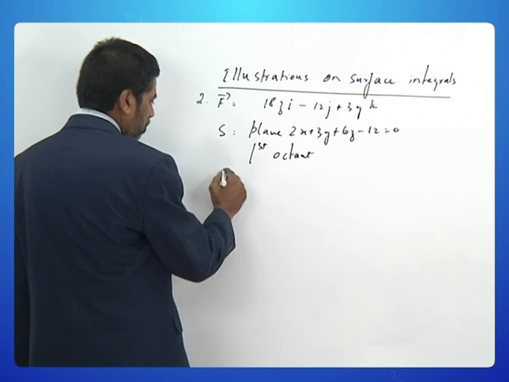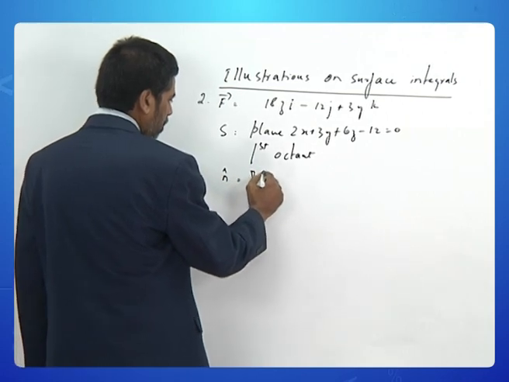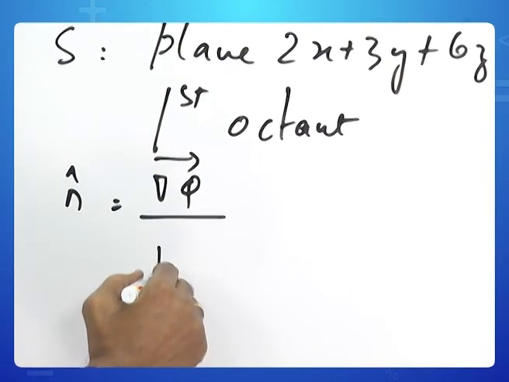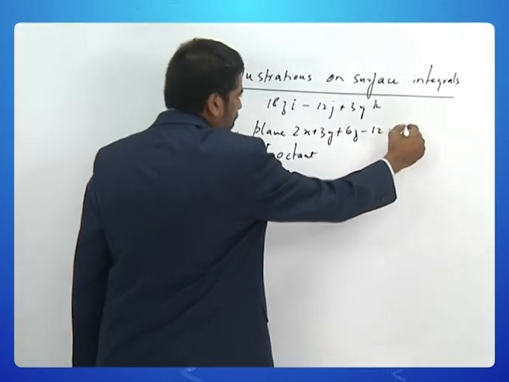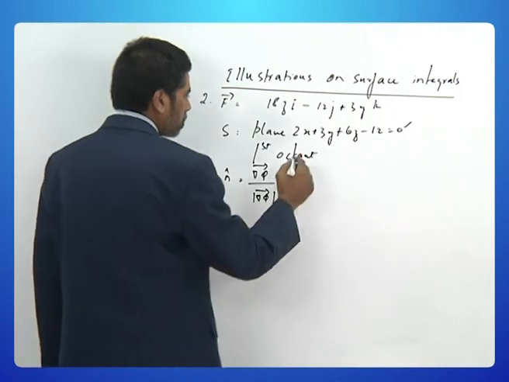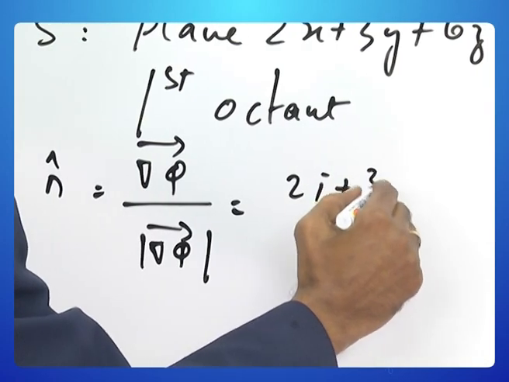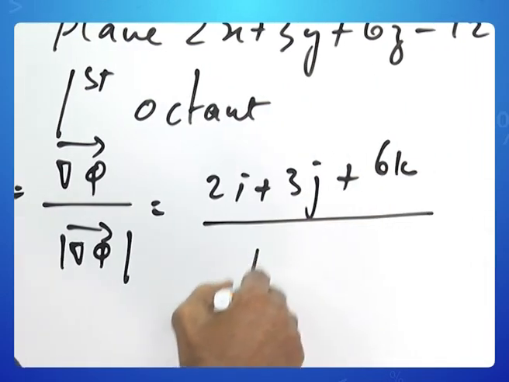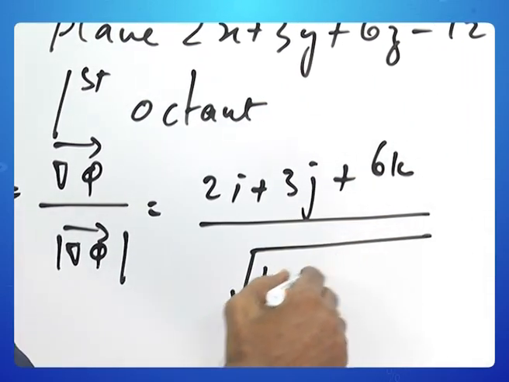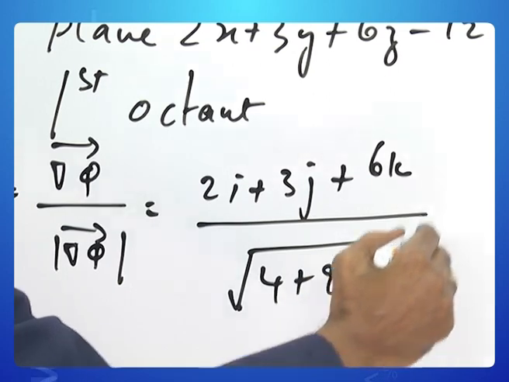So first we find out the surface normal, del phi divided by the magnitude of del phi, where phi is the surface. So we'll get 2i plus 3j plus 6k by square root of 4 plus 9 plus 36.